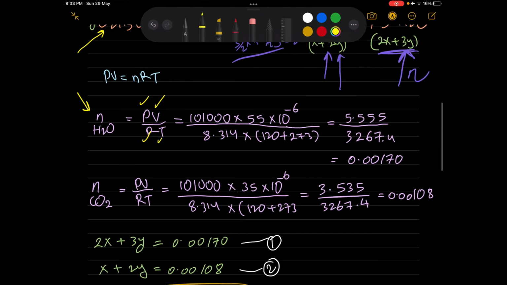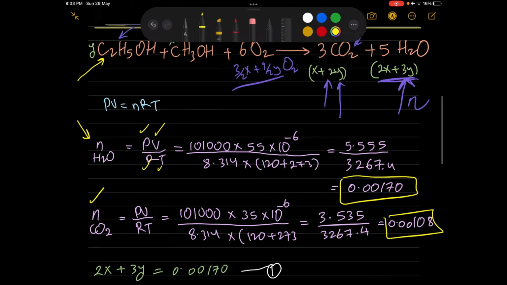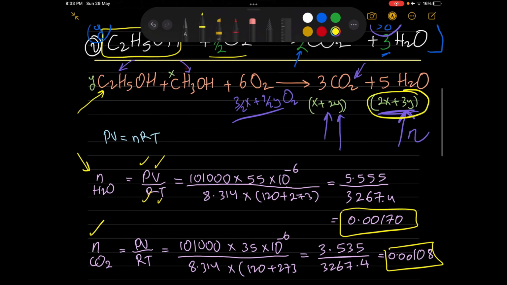We can also calculate the number of moles of carbon dioxide. So this is the number of moles of water, and this is the number of moles of carbon dioxide. Now let's go back again. The total number of moles of water is equal to this magnitude, and the number of moles of carbon dioxide is this magnitude.